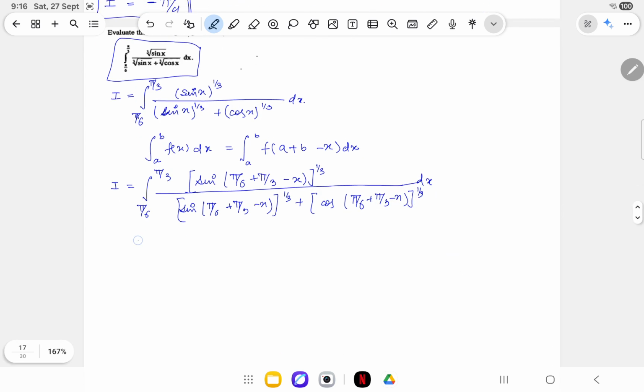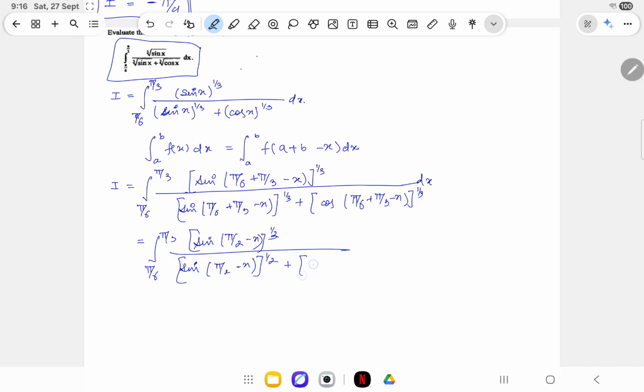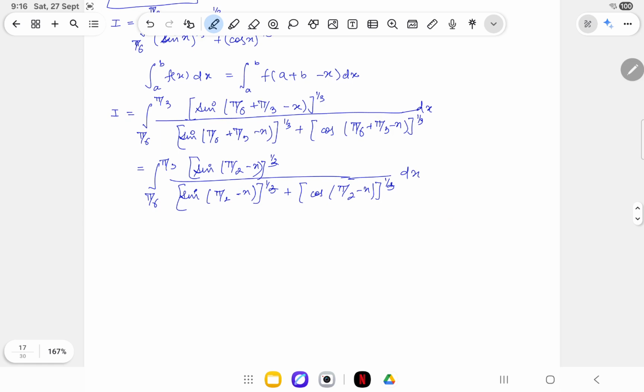So pi by 3 plus pi by 6 is pi by 2 basically. So it will be sine of (pi by 2 minus x) raised to 1 by 3 divided by sine of (pi by 2 minus x) raised to 1 by 3 plus cos of (pi by 2 minus x) raised to 1 by 3 dx. Here also it's 1 by 3.